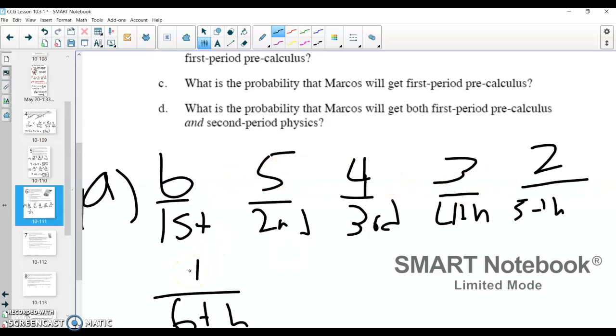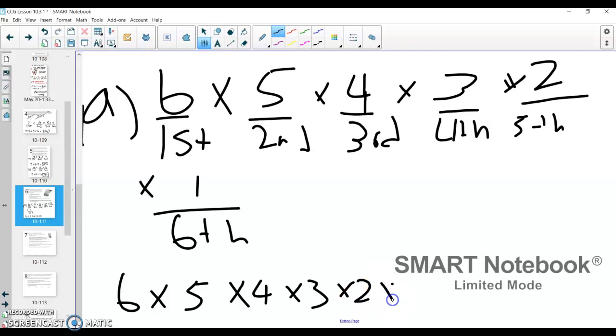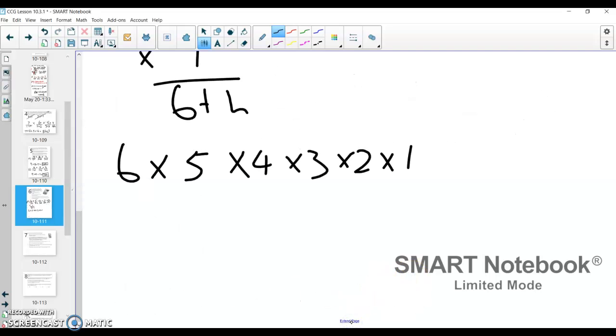Now it just becomes like what we saw with every decision chart we've done. We're going to multiply down the decision chart, which becomes a multiplication of 6 times 5 times 4 times 3 times 2 times 1. And just as a little side bubble here, this is the idea of a factorial.